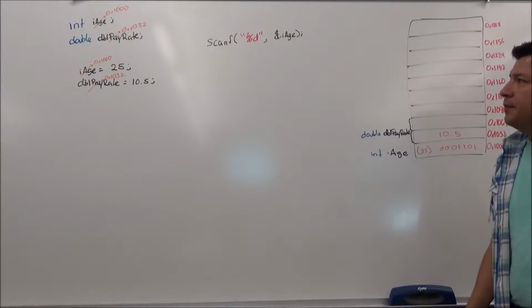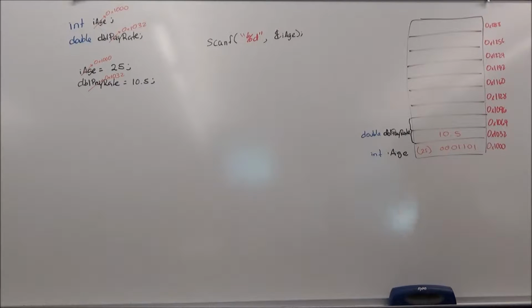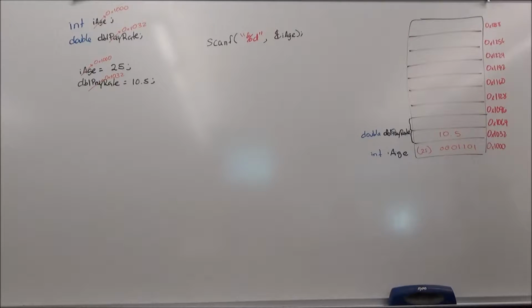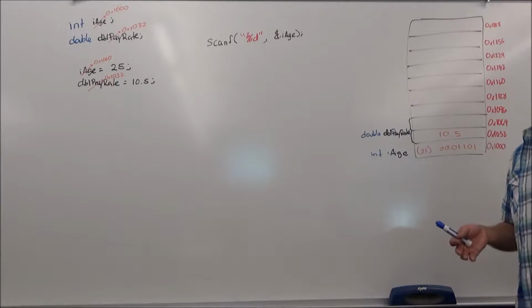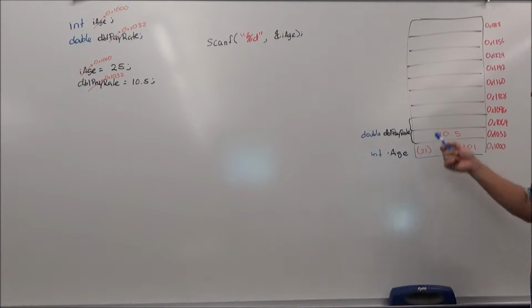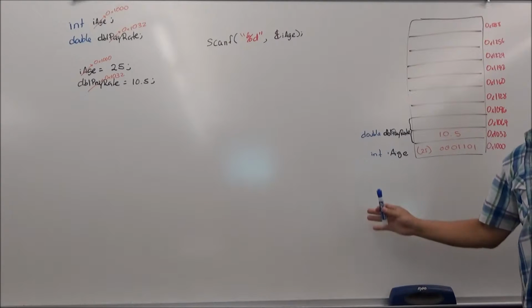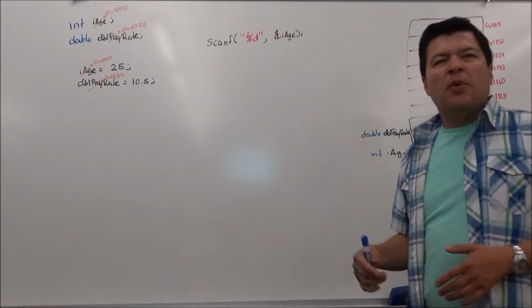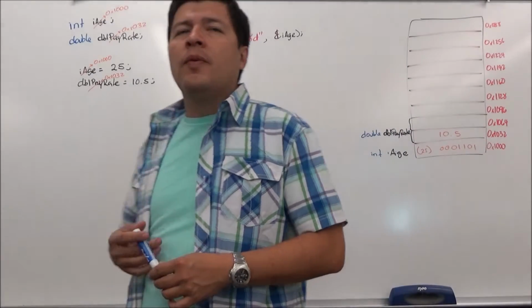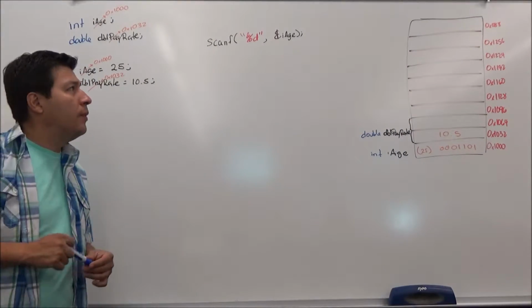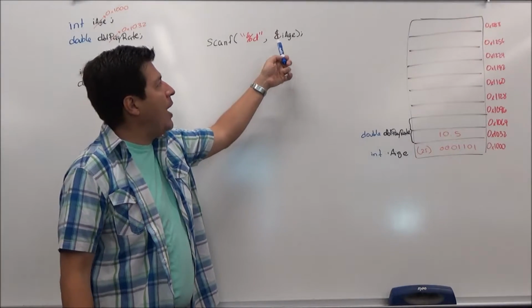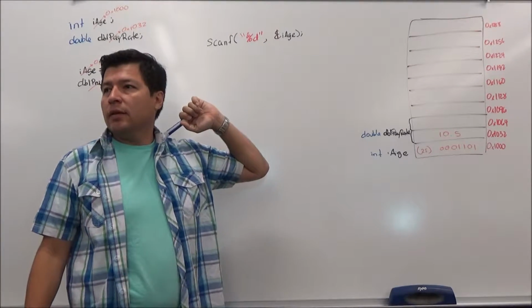So for instance, if I want to declare a pointer, well, the computer wants to know where it's pointing, what type of pointer. All pointers are the same size, they're all 32 bits. They're all addresses to hold another address. But the computer wants to know what type of address that is.